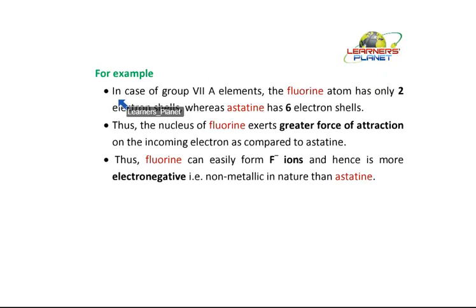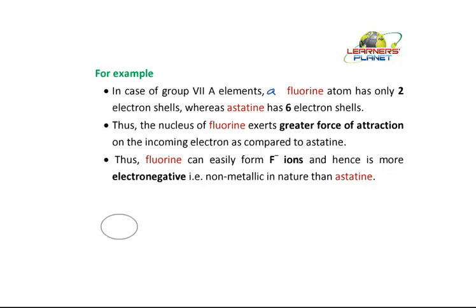For example, in case of group 7A elements, a fluorine atom has only 2 electron shells, whereas astatine has 6 electron shells. If I draw a fluorine atom, the size of the fluorine atom would be small.